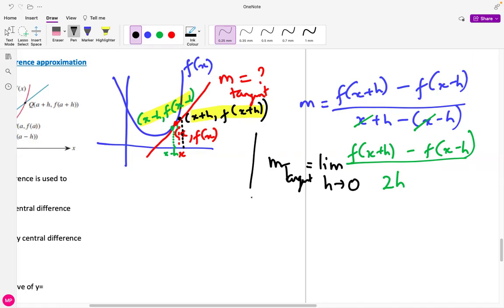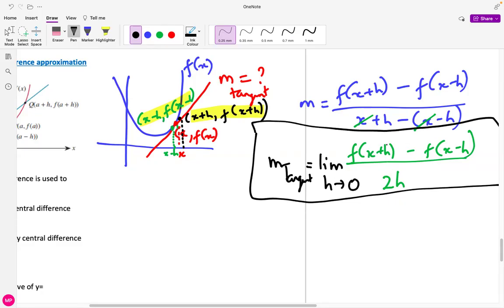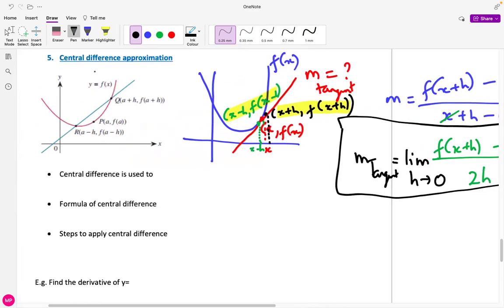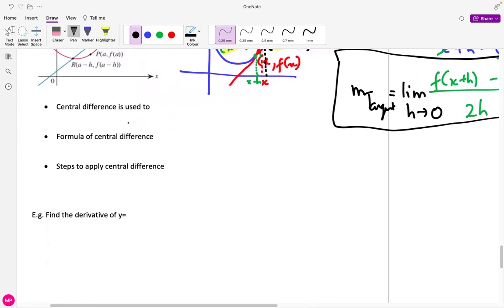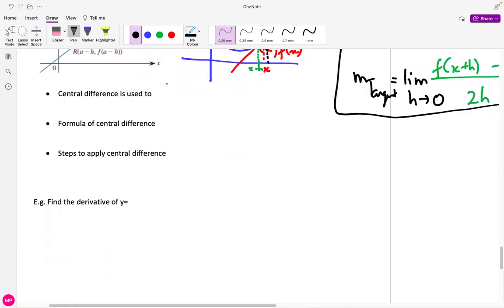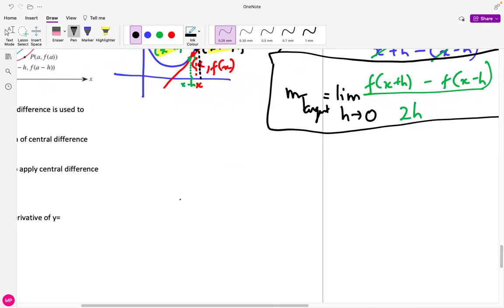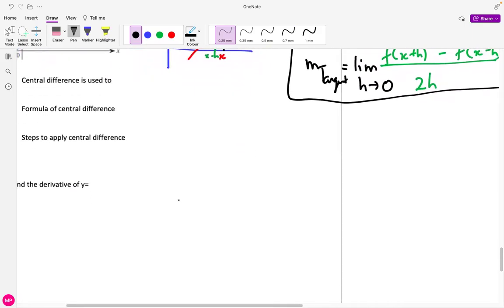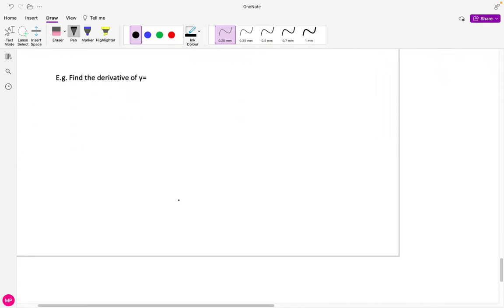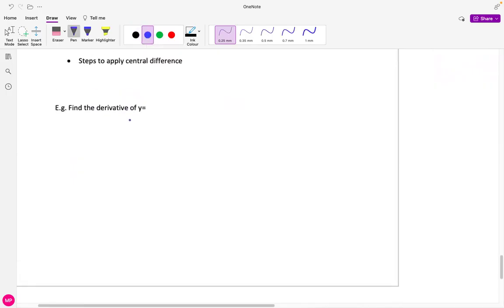This is called finding the gradient, finding the derivative using central difference approximation. That's the name of the central difference approximation. So generally the formula is just that formula right there. Now I'm going to give you an example and show you how to use the method.